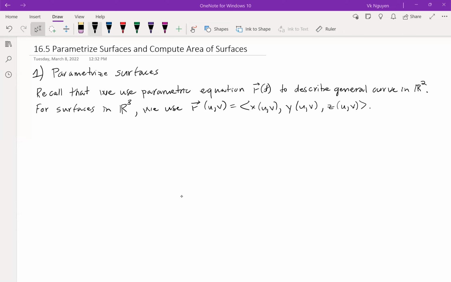So let me draw out region D here. Let's say this is the region D here. Then you have a point (u,v).